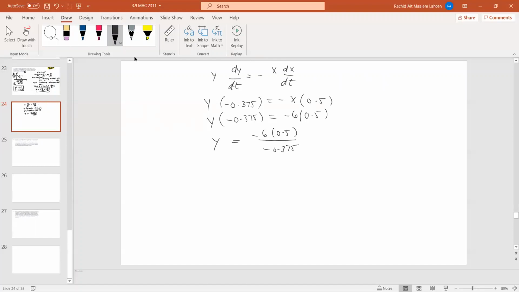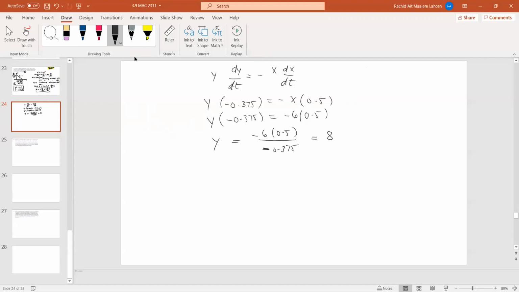And you see, if we didn't have that negative there, we will find here that y is negative, and we'll say, okay, we needed to put that negative there to make the y positive. And this is going to be 8.